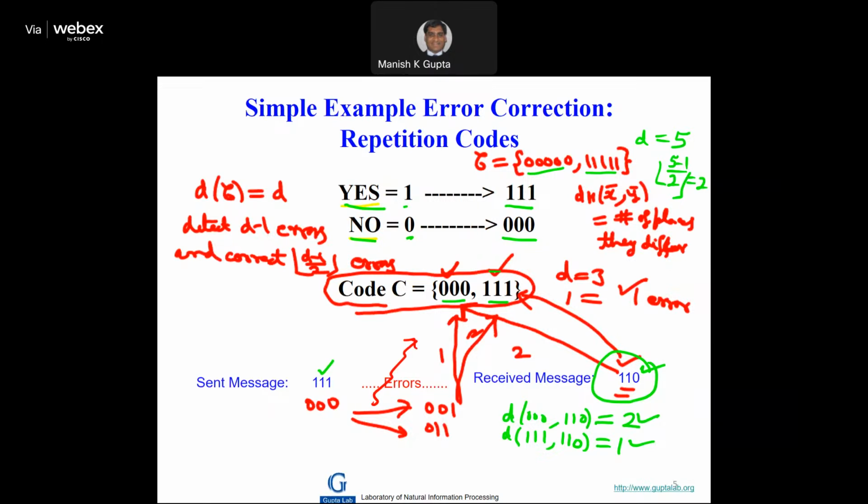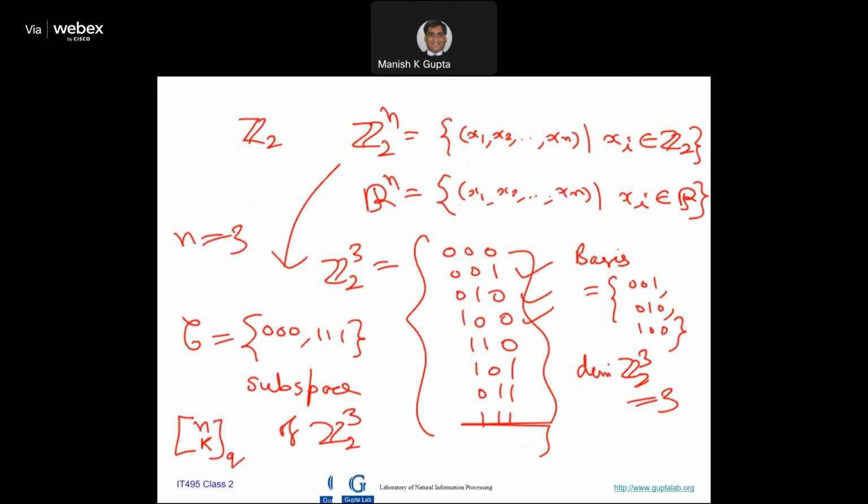You send something from here, say 1, 1, 1, you receive a vector with an error, some bit is flipped, and you compare this received vector with this and compute the Hamming distance, and you do the calculation. So the whole process you can think of as what is known as sphere decoding, and that's something really interesting. So what you can do is the following.